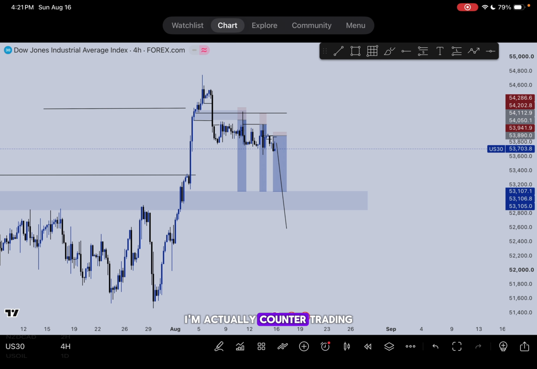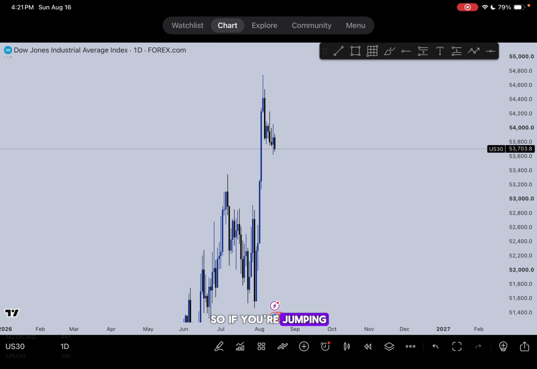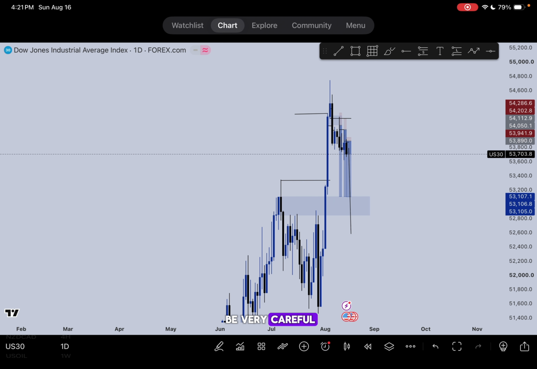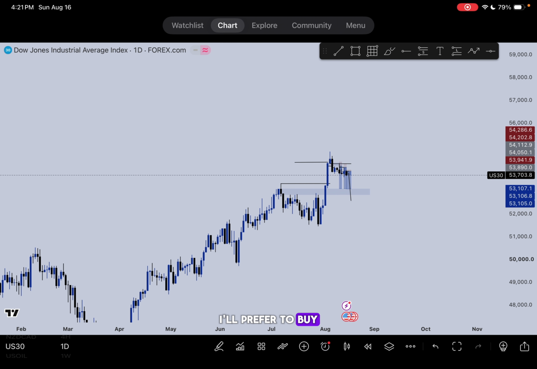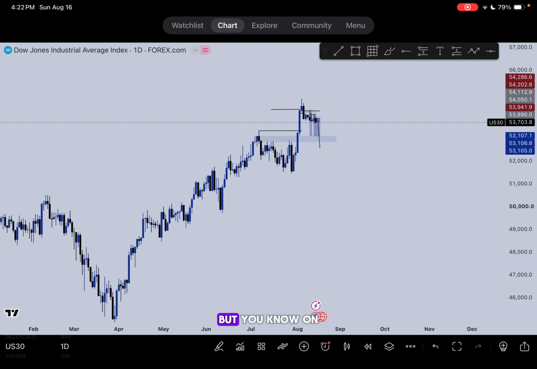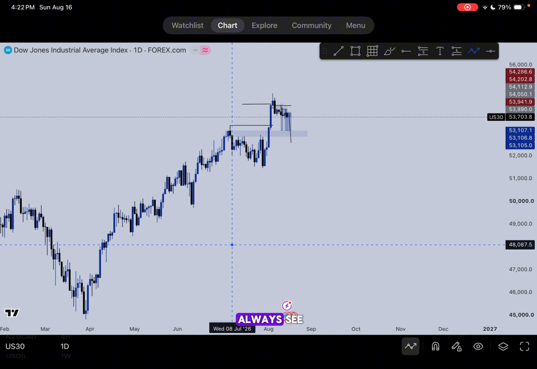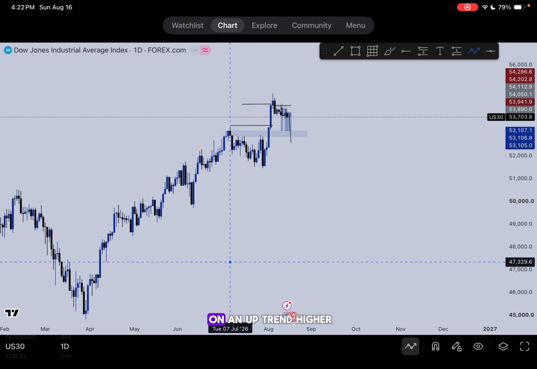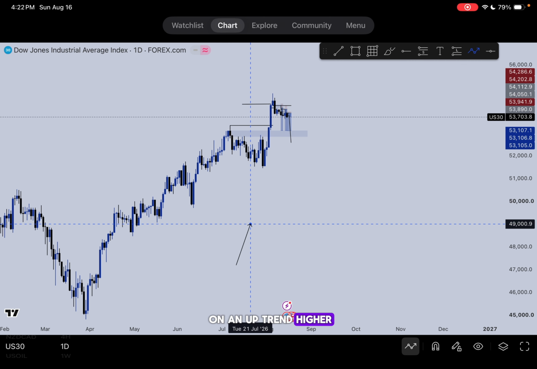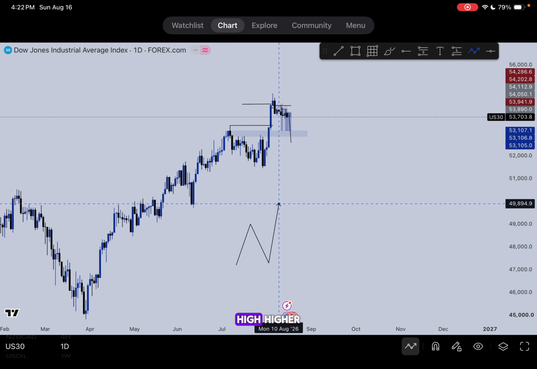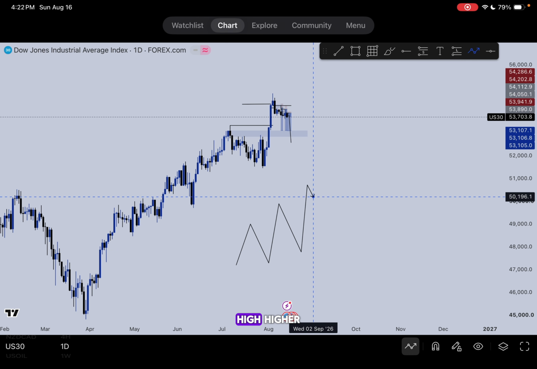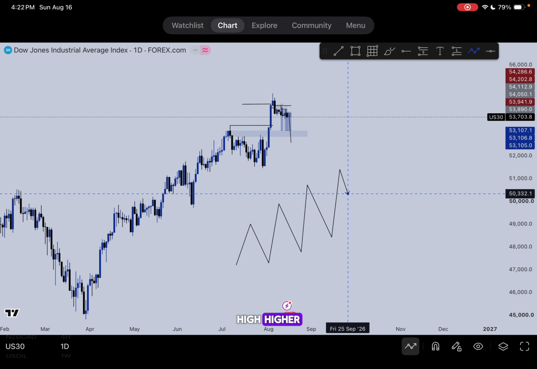I'm actually counter trading on this. So if you're jumping into this trade, you just have to be very careful. I'd prefer to buy than to sell. But on a normal trade, let's say we're on an uptrend, higher high, higher low, higher high, higher low, higher high, higher low, higher high, higher low.